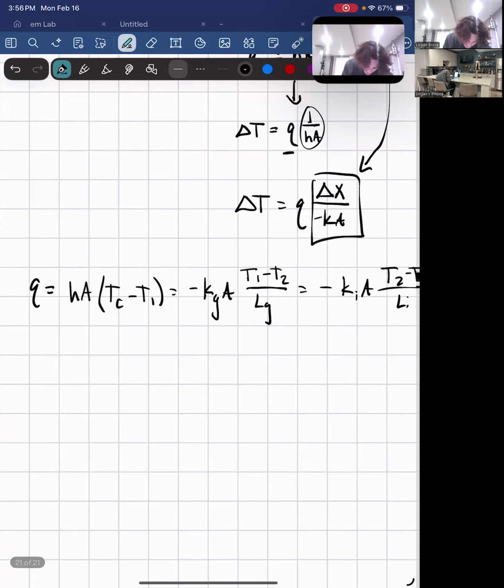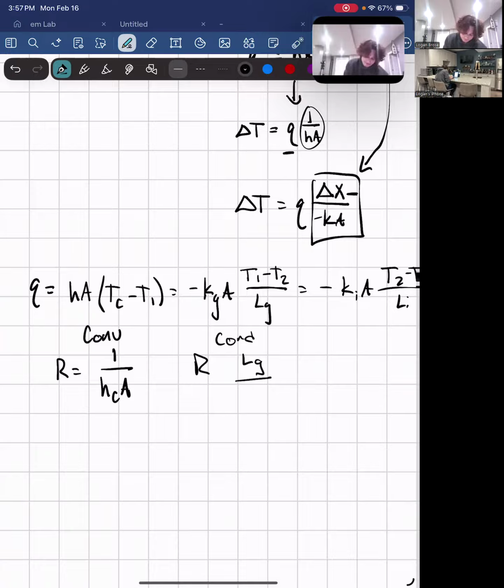And so when we look at this, we have our convection. If we try and find the R of this, it is 1 over HCA. Then we move on to the R of this next one. This is for conduction. This will be LG, our delta X over minus KGA.